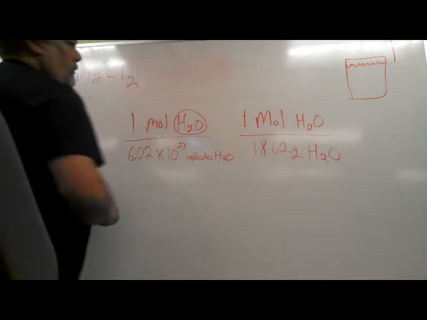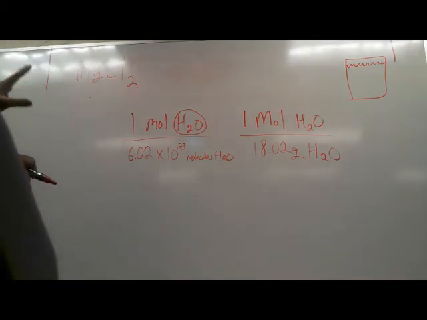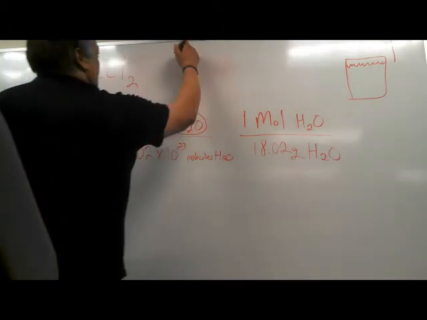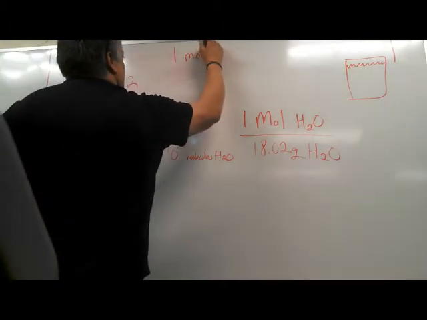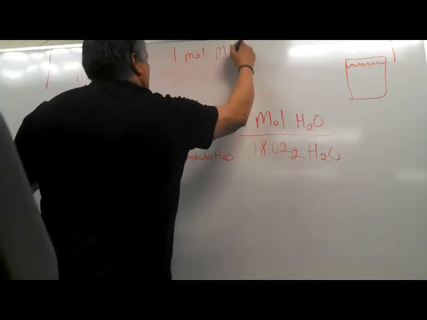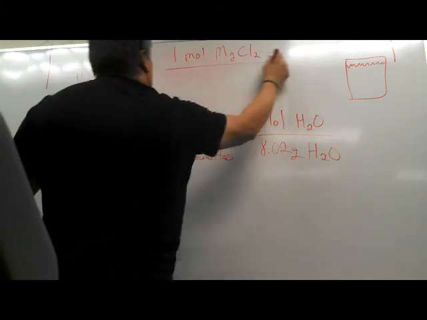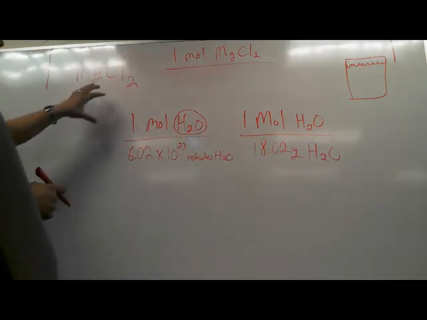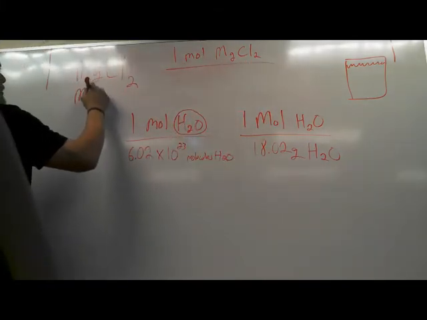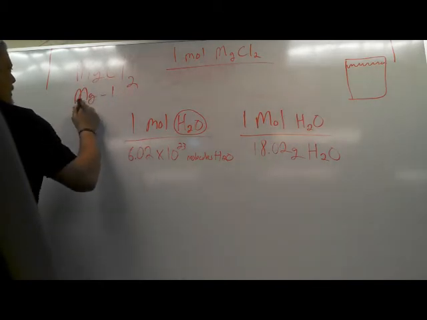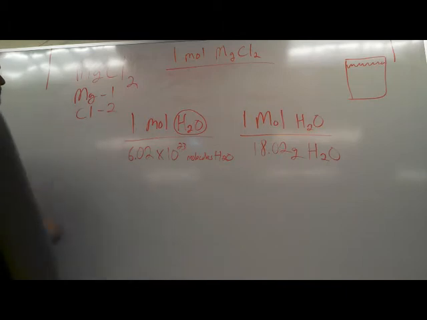Let's look at the molar relationship of each of those individual elements with regards to magnesium chloride. So 1 mole of magnesium chloride, let's look at how many of each element we have. How many magnesiums do we have in magnesium chloride? 1. How many chlorines? 2.